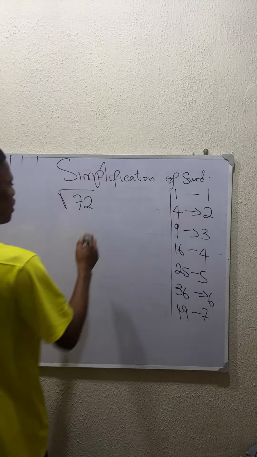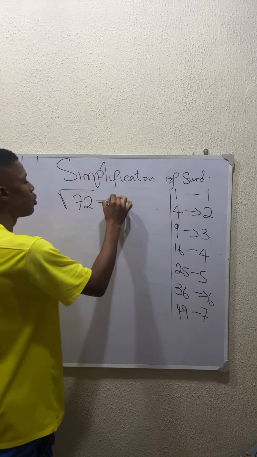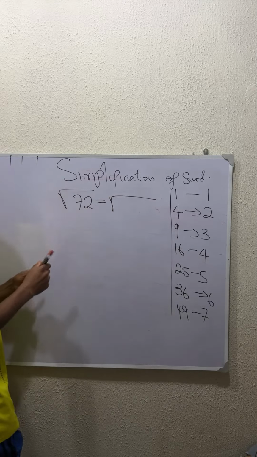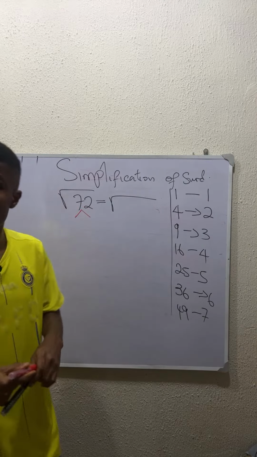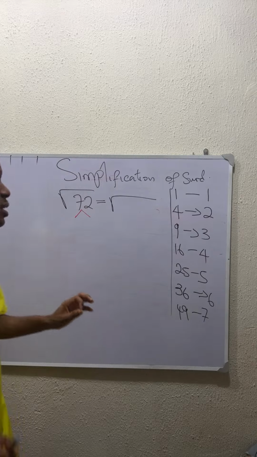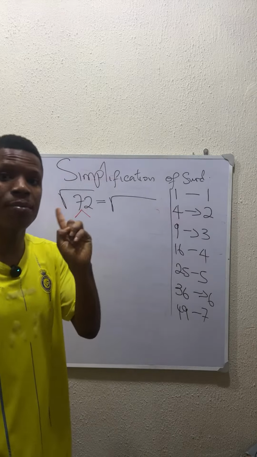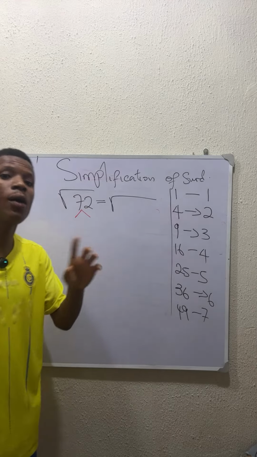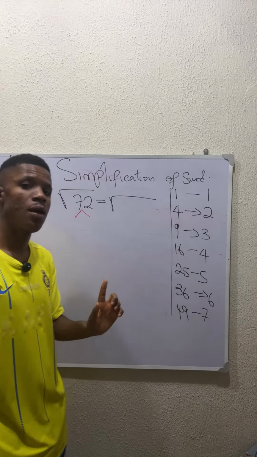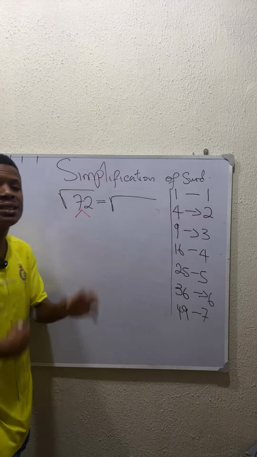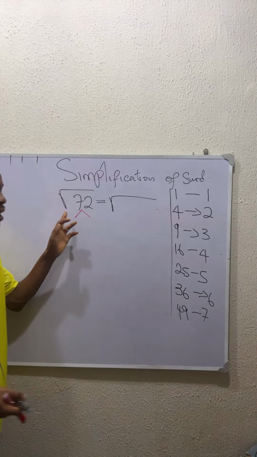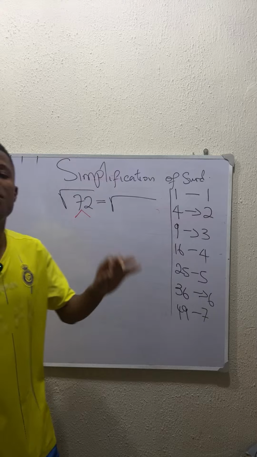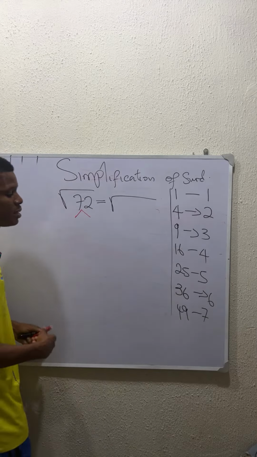The rule still remains that you are going to think of two numbers that multiply to get 72. But one of them must be a perfect square and the other must not be a perfect square. And the one that is a perfect square must be the highest perfect square that can divide the number. So if you have 72, what's the perfect square that is closest?